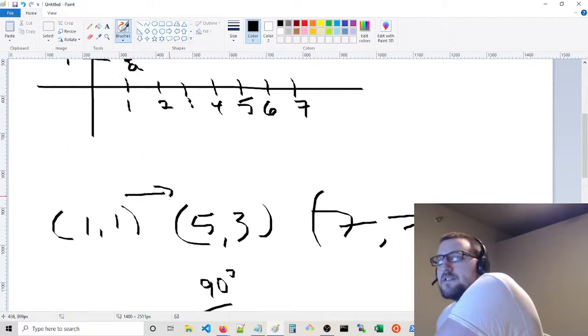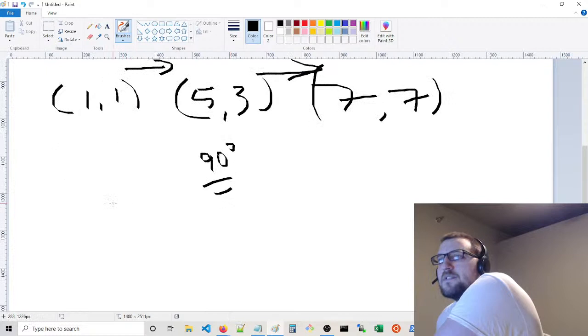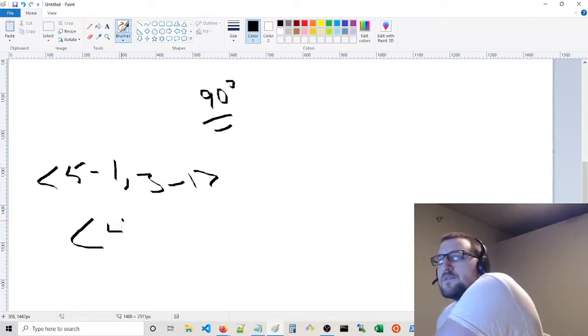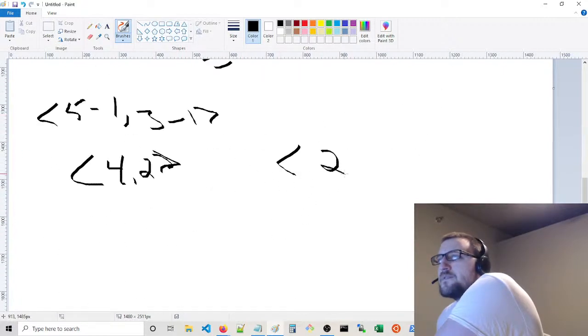So this vector from here to here is 5 minus 1 and 3 minus 1, which gives you 4, 2. And this other vector is 2, 4.